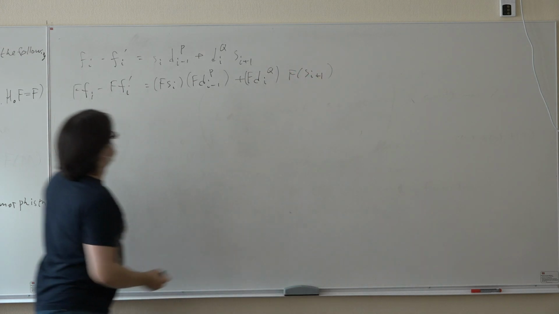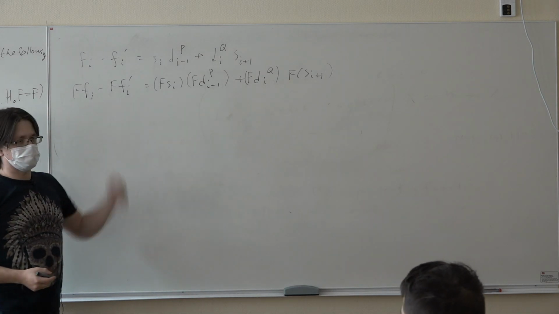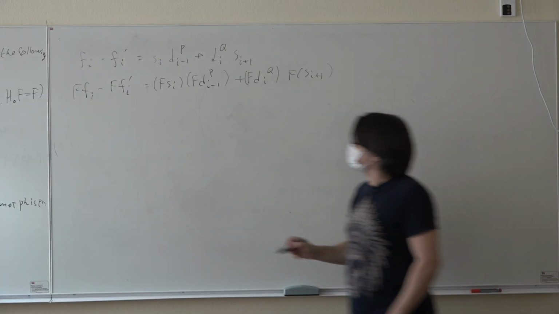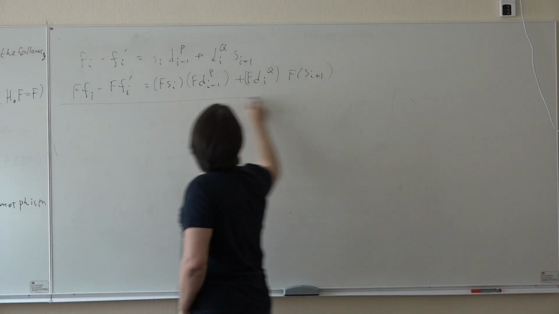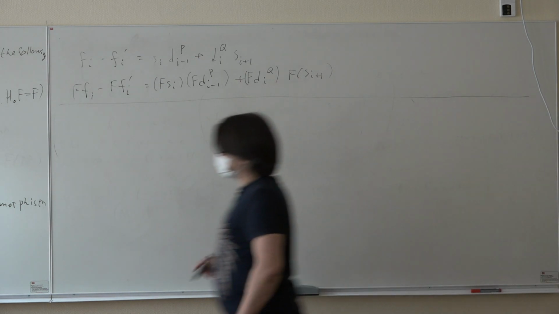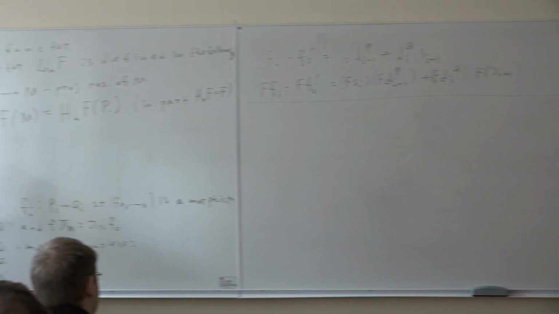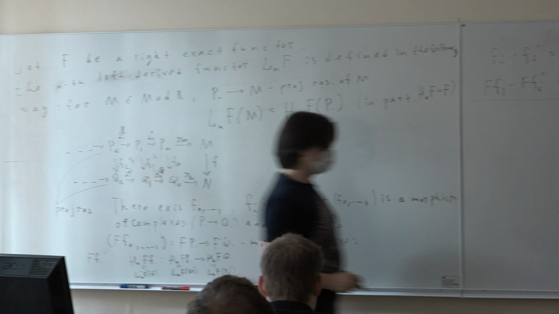And so f of s is a homotopy between f fi and f fi prime. So we have obtained some well-defined functor from mod R to mod S.